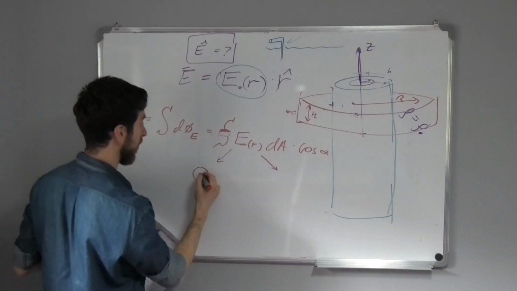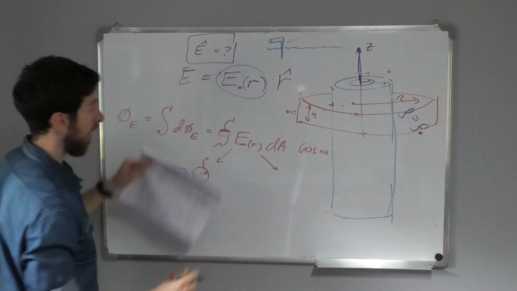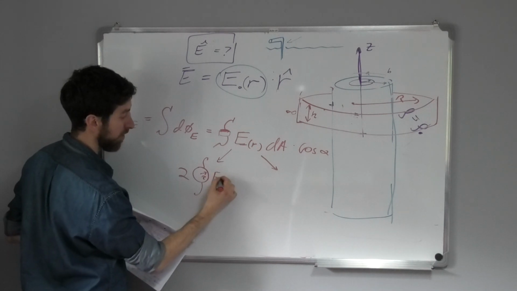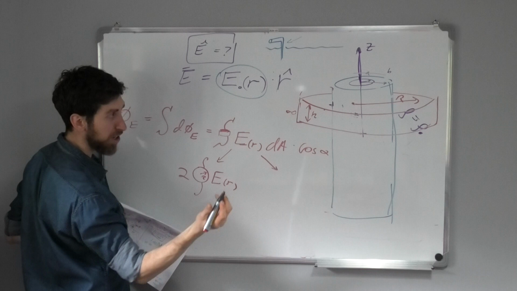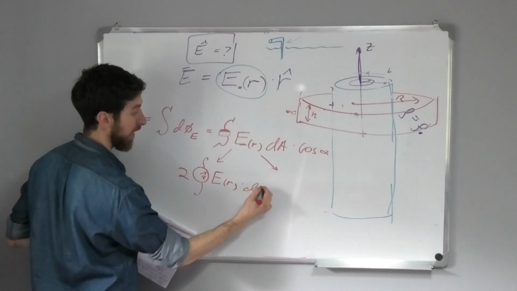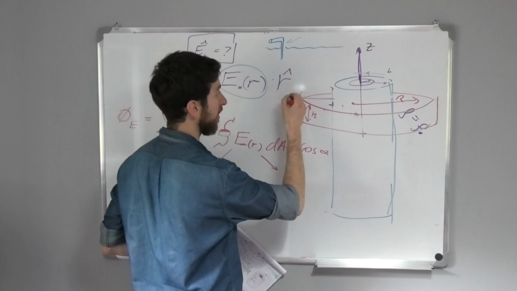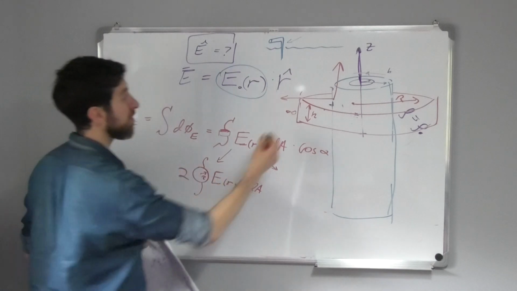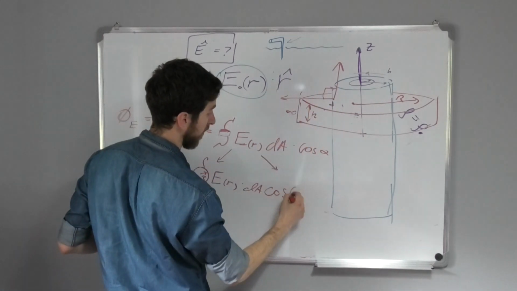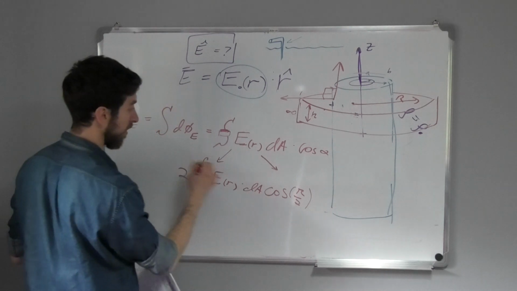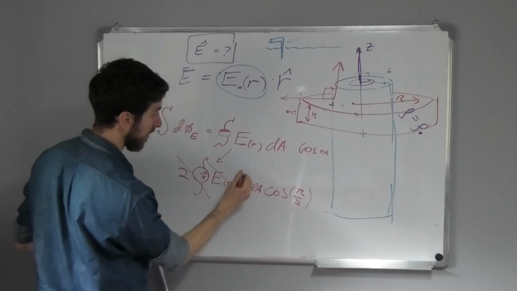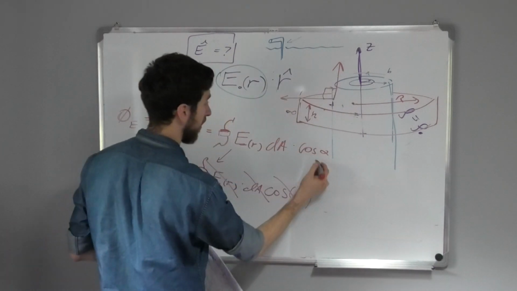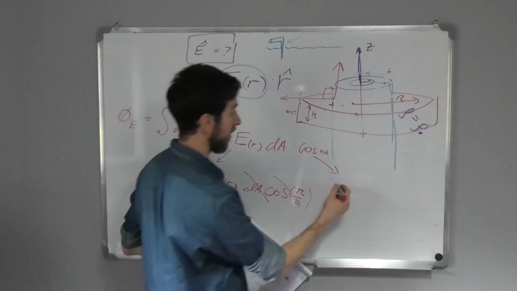For this one we have two integrals because we have up and down, radius r, which is E in many different locations, many different r's, dA, but I know that the electric field is pointing in the radial direction, and here all the dA point upwards. So I have cosine of π/2, and this integral is going to die, I know it for sure. But I have another part of the integral, which is this one.